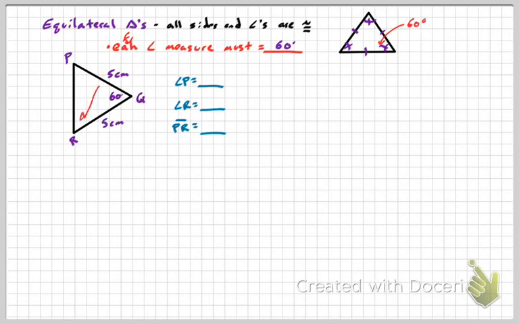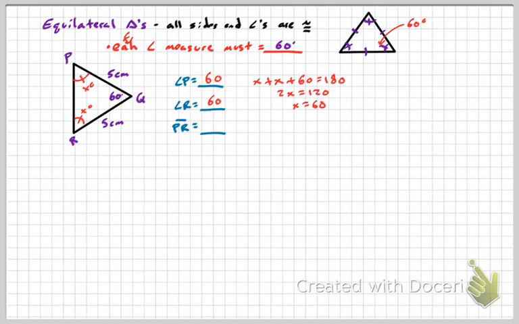But I know that these two angles down over here have to be the same because they are opposite my congruent sides. So technically, if I wanted to solve this, I could say x plus x plus 60 equals 180. That becomes 2x equals 120, so x equals 60. Which is angle P is 60, angle R is 60.